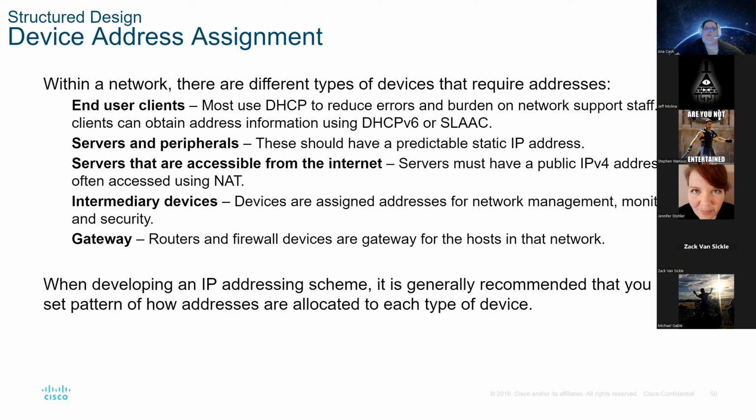Yep. So when you're doing your public addressing, they were running out rapidly. So they decided to do network address translation so that you would have your private networks, and they have their own setup, their own network IPs, and then you use, I think of it kind of like a funnel.